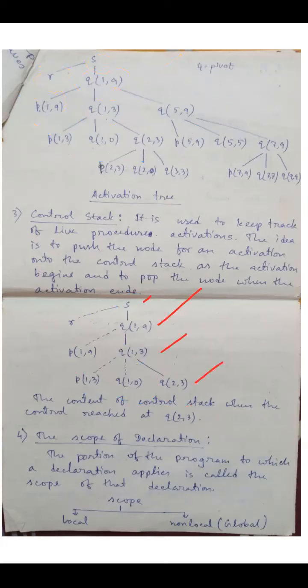That is, the stack will contain S, Q19, Q13, and Q23, the functions which have not yet completed or which are running. Those functions will be stored in the stack. And the dotted line portion, these portions have been pushed into the stack and executed, and then popped out from the stack. So dotted line means they have been popped out from the stack.